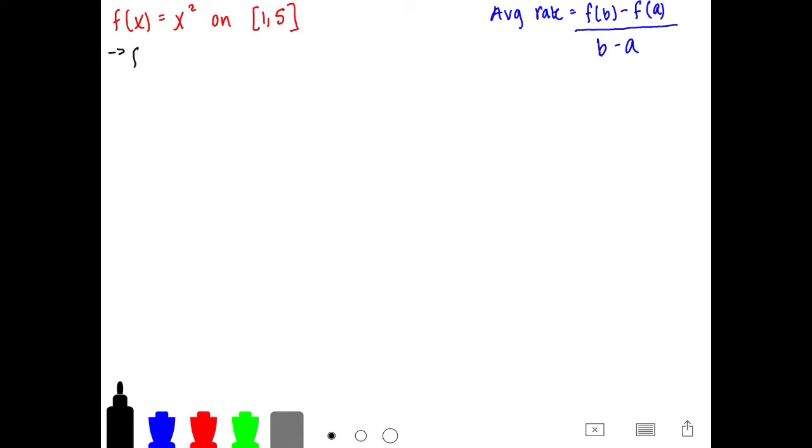First, I'm going to start by plugging in our b, which is 5. So you have 5 squared equals 25. And then you plug in your 1, and you'll just get 1. Now we plug it into our formula, and we have 25 minus 1 all over 5 minus 1.